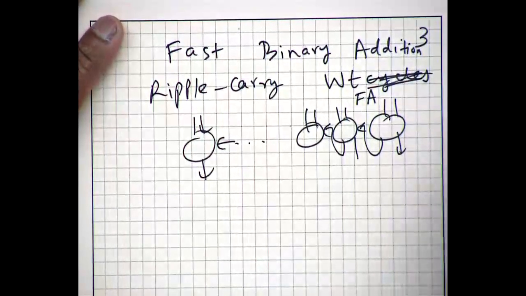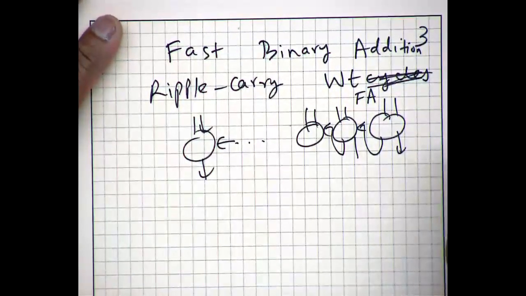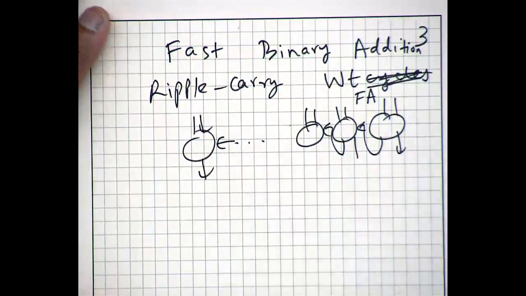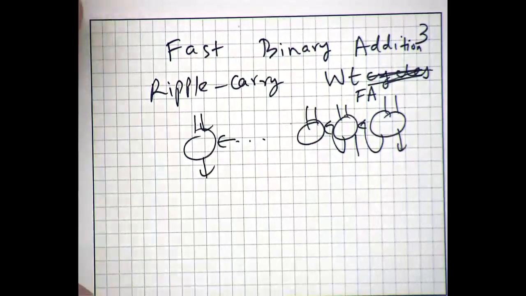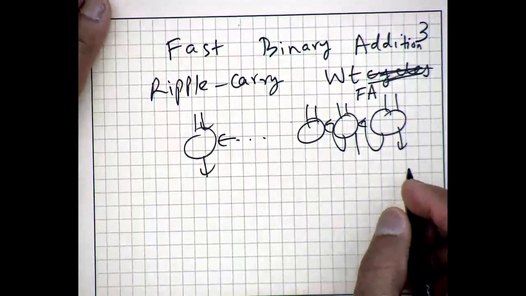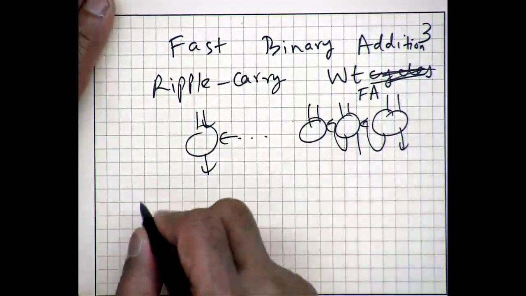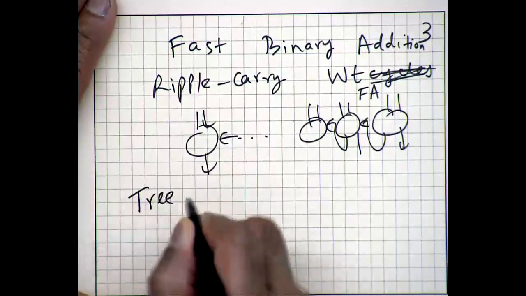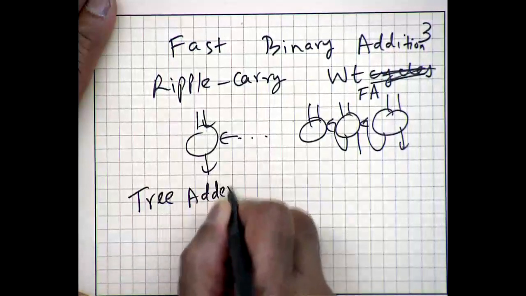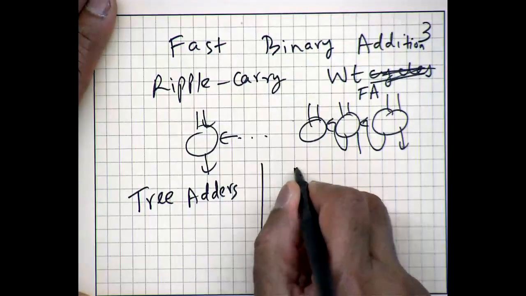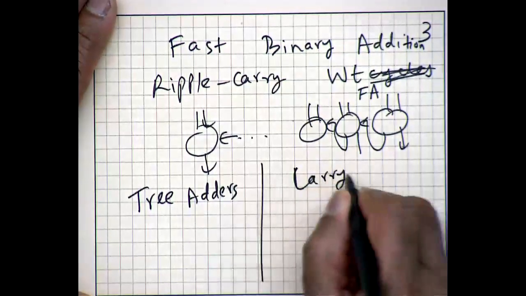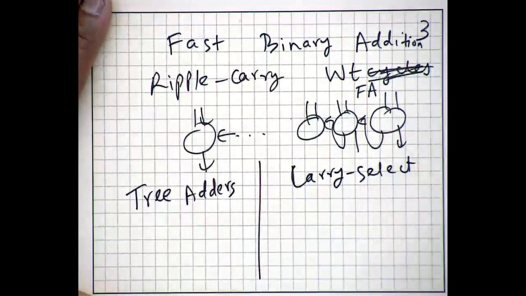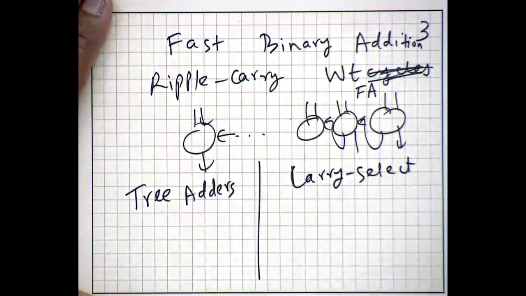And what is the process of fast adders? There are numerous ways the add can be computed in a fast manner, and the typical approaches are what are known as tree adders, and the other approach is called carry select adder. So what exactly is carry select adder?